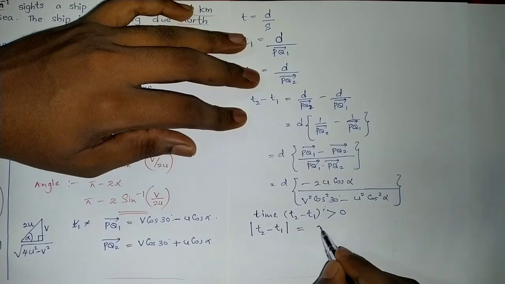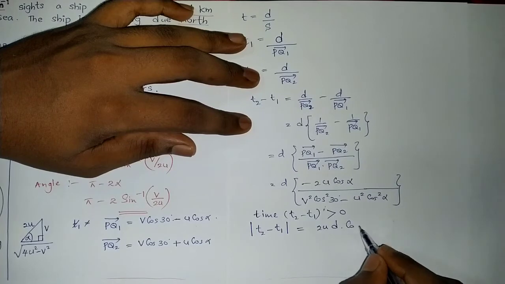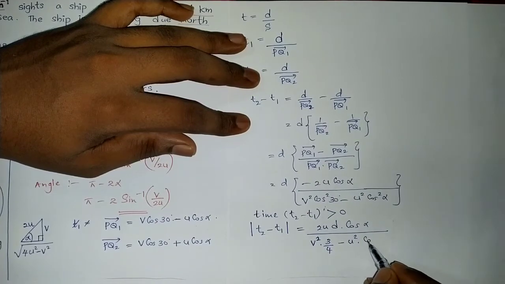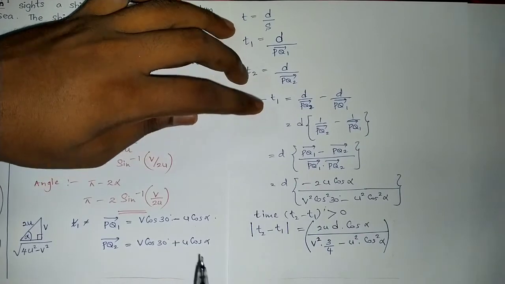To make it plus, it is 2ud cos alpha over v square, cos 30 is root 3 over 2. When I take the square, it becomes 3 over 4 minus u square cos square alpha. Now we can substitute cos alpha into this expression and get this answer.